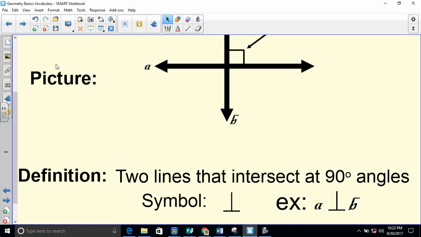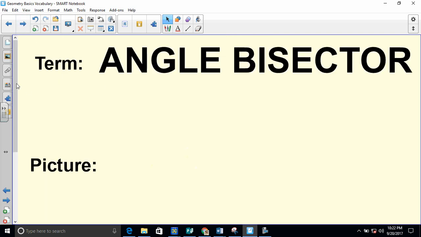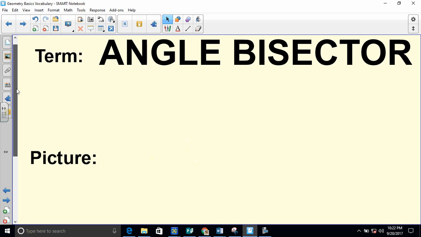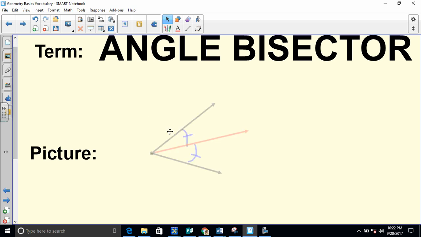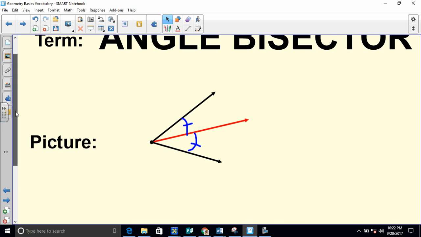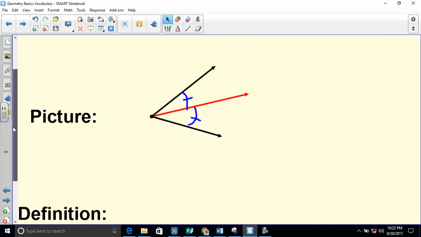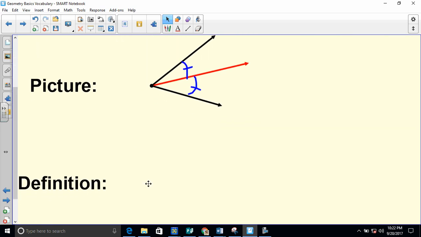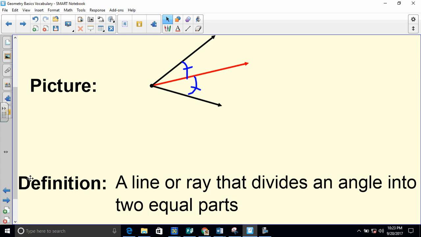And then our next term is an angle bisector. Here's an example of a picture of an angle bisector. The red line is the angle bisector. All an angle bisector does is a line or ray that divides an angle into two equal parts.